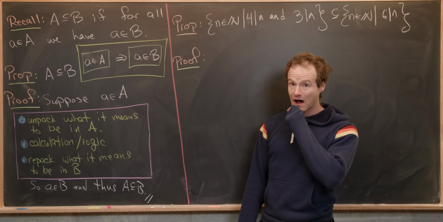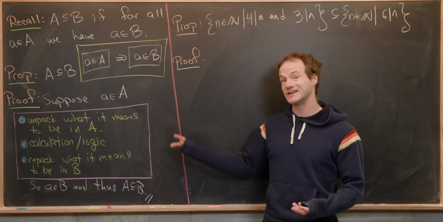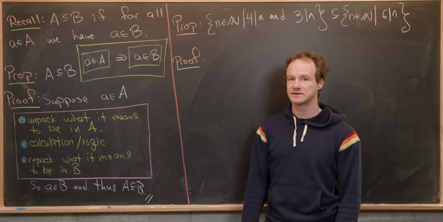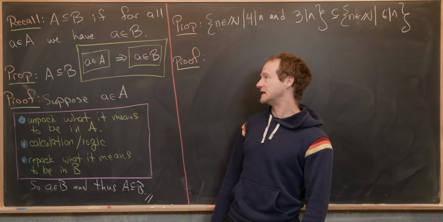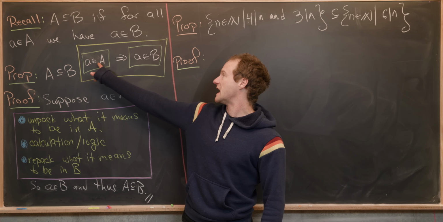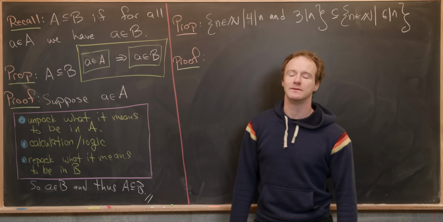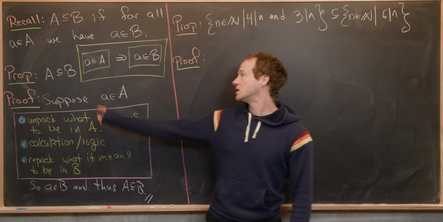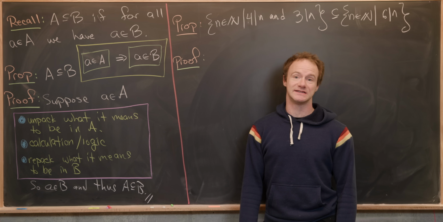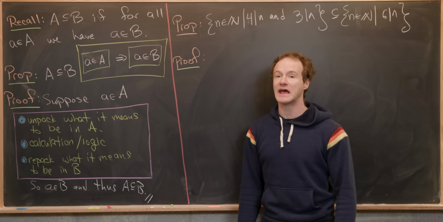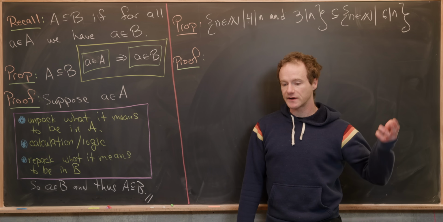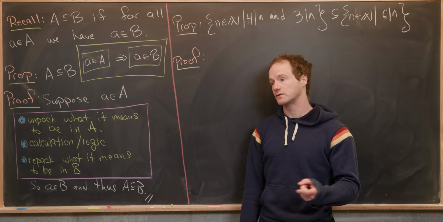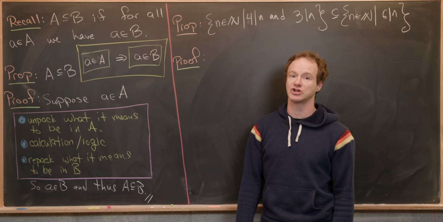Now, before I give an outline for a proof, which is really a generic outline, I want to point out that this is really a conditional statement. And the conditional statement is that if a is in A, then a is in B. So that's like a P implies Q kind of situation, where P is the statement a is in A, and Q is the statement a is in B. So we already looked at proofs of conditional statements using lots of different techniques: direct proof, contrapositive, contradiction.